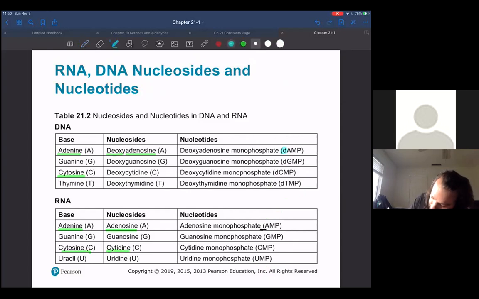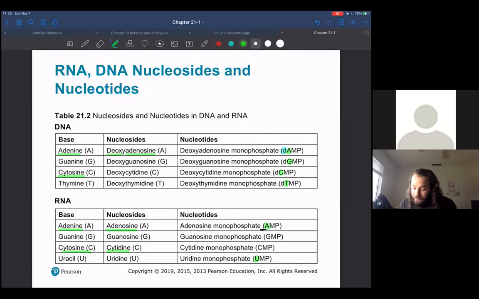The next letter is the identity of the base: A for adenine, G for guanine, C for cytosine, and T for thymine, or U for uracil. So that's what that next letter is.